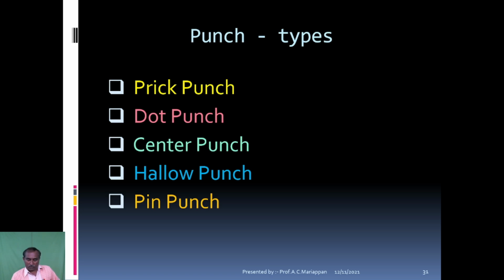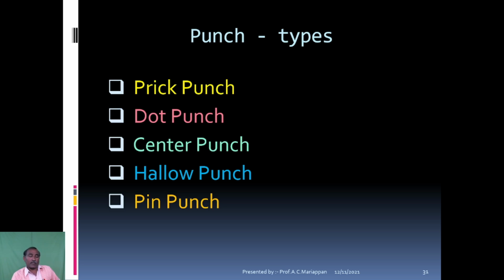Brick punch usually has a 30° tip. The tip point having a 30° angle is a brick punch. If it is 60°, that punch is considered a dot punch, and a 90° tip angle is considered a center punch.